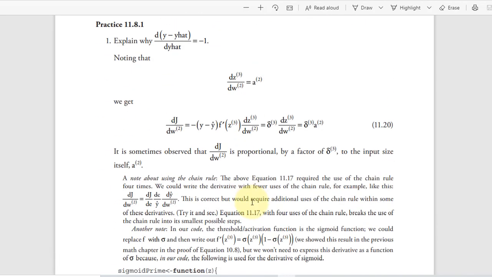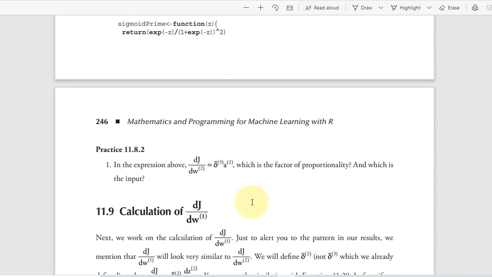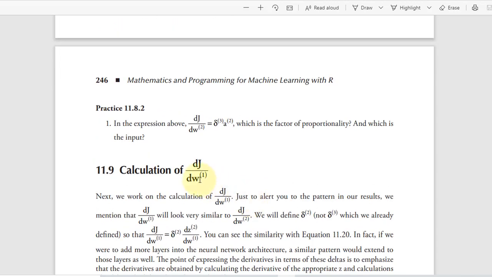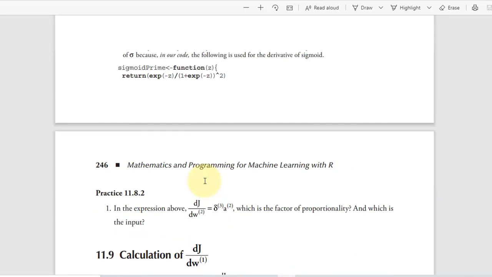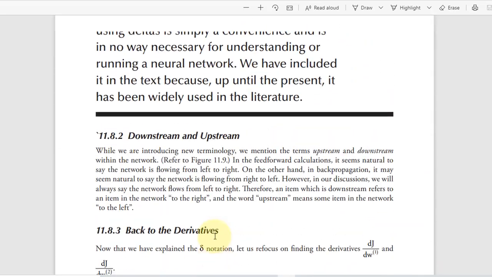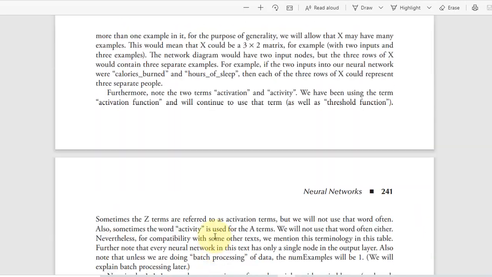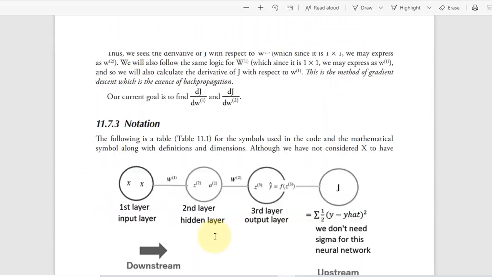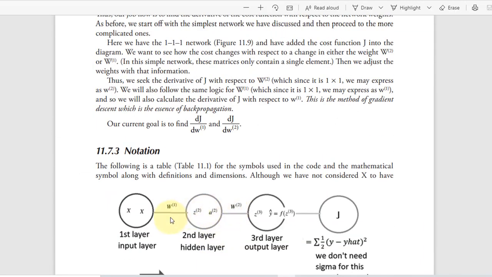So when we do that, we also do the same thing for W1. We did it for the closest weight, and we also want to do it for this weight. So we're going to figure out how much we should change this weight by and how much we should change this weight by.